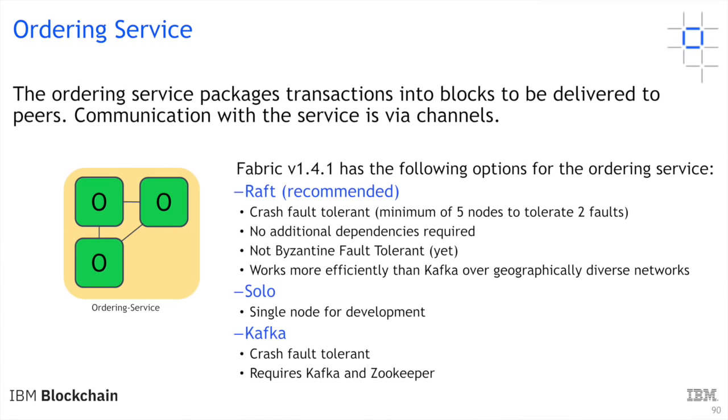Now, Byzantine fault tolerance is on the Fabric roadmap and it will happen, but even when it does, you need to recruit people to run those nodes in order to have that property of not trusting any one person to operate the node or order the transactions in a fair way.